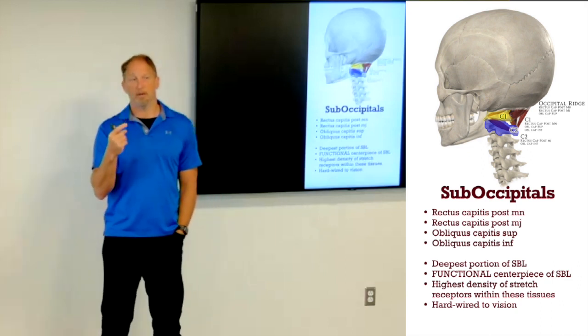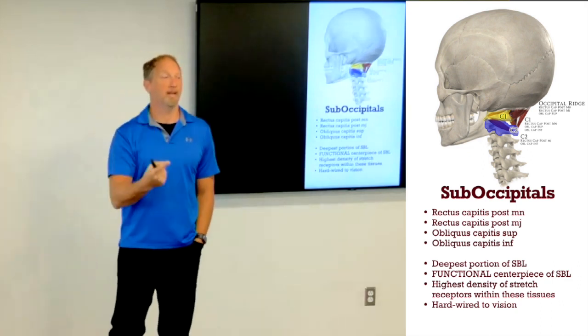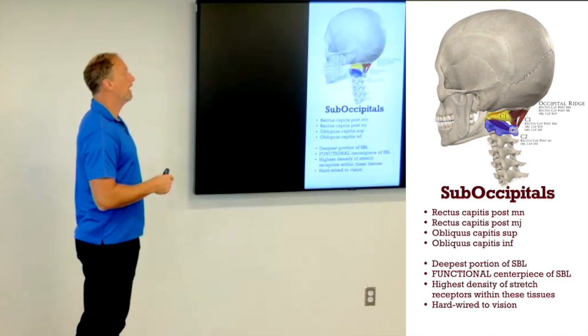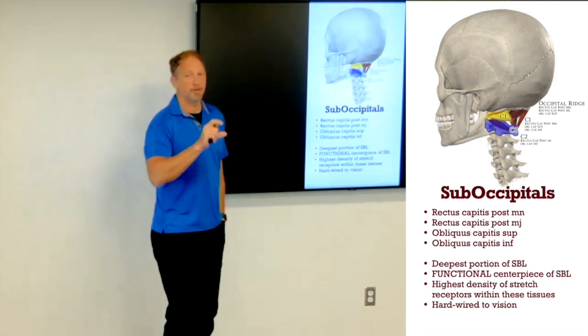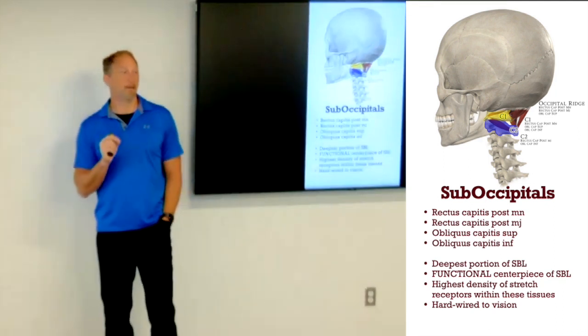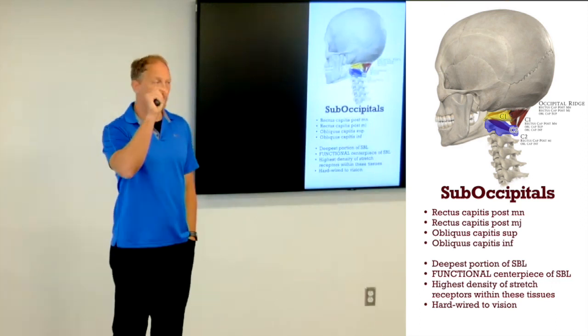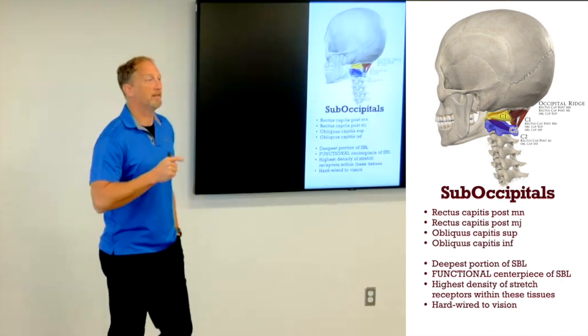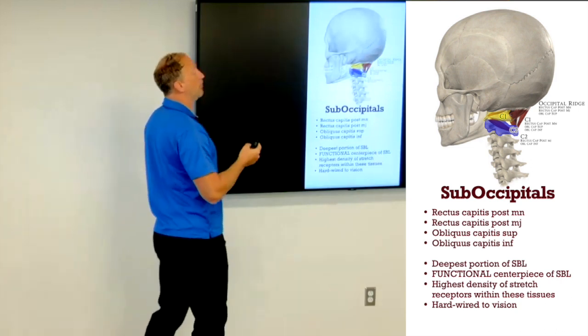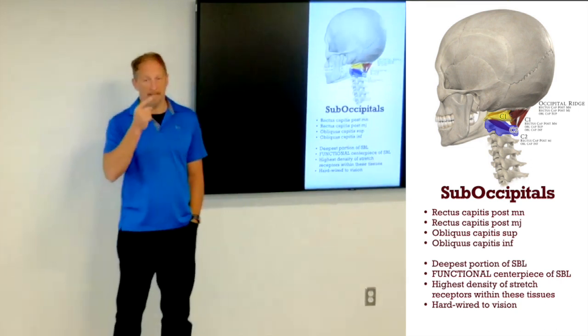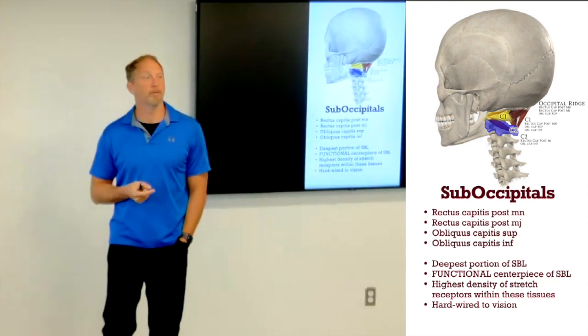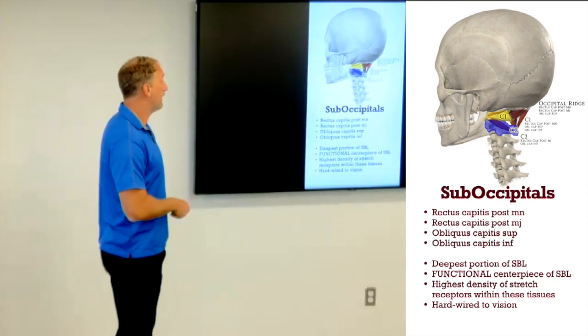Because where the eyes go, the head follows. Where the head goes, the body follows. So where the eyes are, adjust the tone of the suboccipitals. The tone of the suboccipitals is going to influence the tone of the rest of the superficial back line. So as the eyes are up, we're bringing more tone to the back line. As the eyes are down, we're bringing less tone to the fascia, to the entire line.